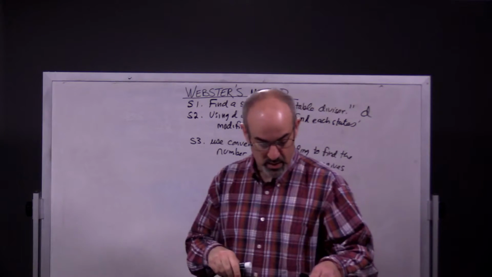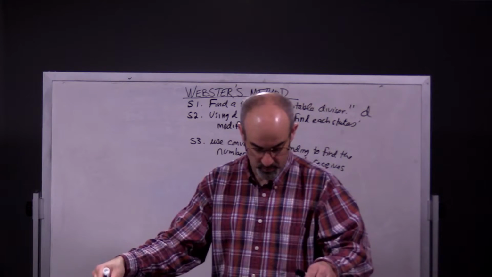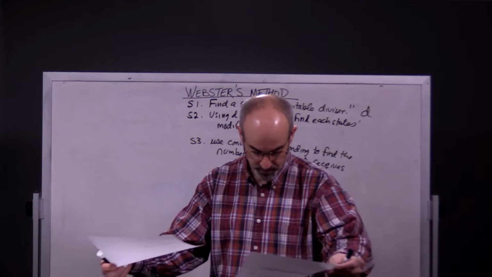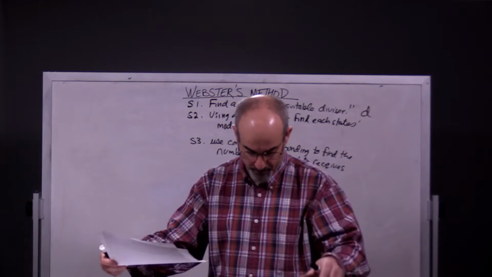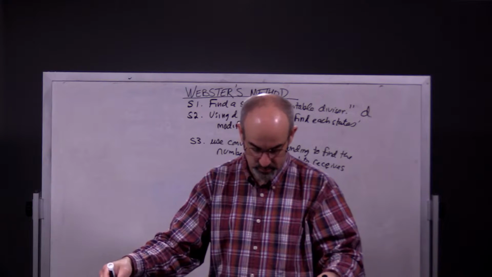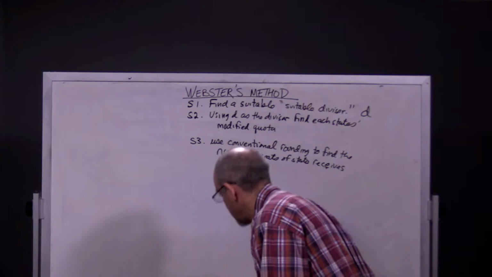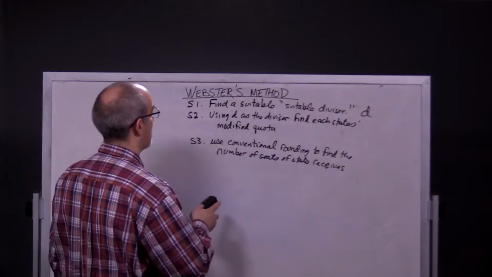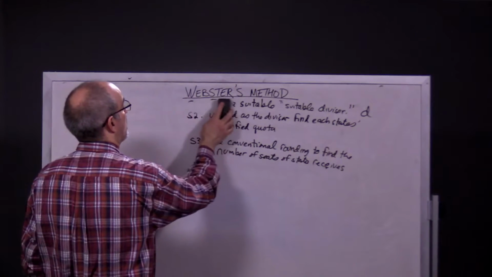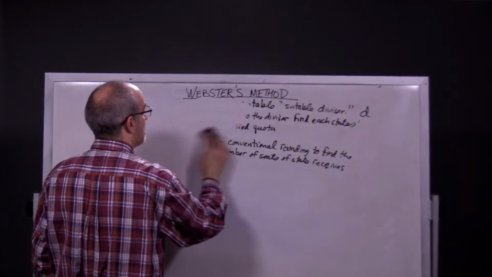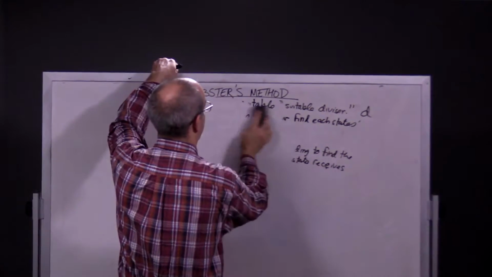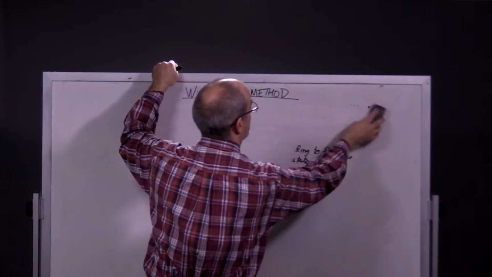Let me see if I can write this example up here. Hopefully I can keep this video under 15 minutes, but it might take a while because sometimes it's difficult to find the suitable divisor.